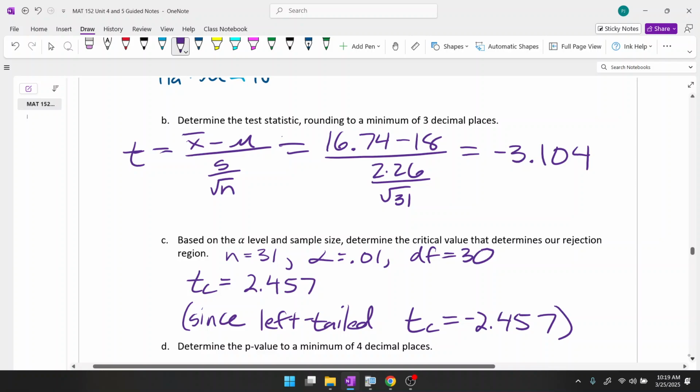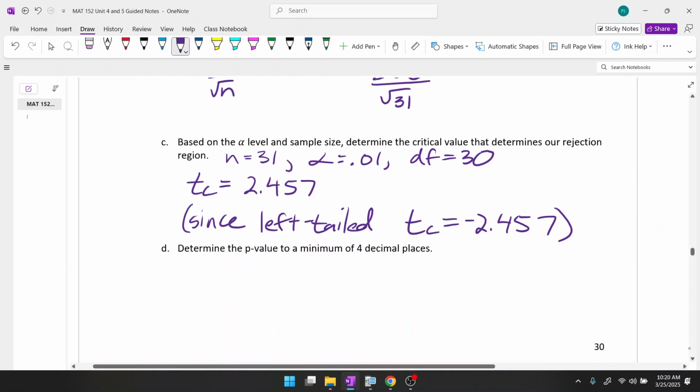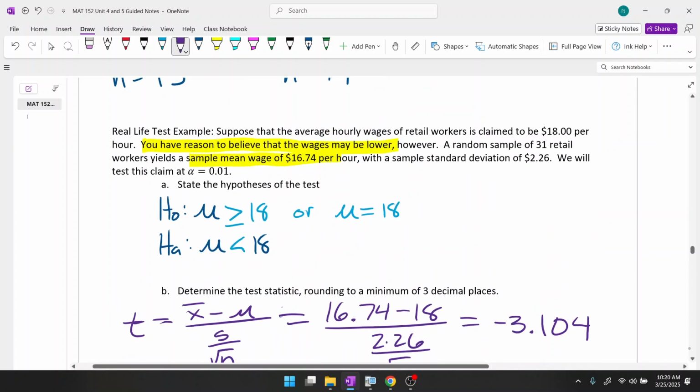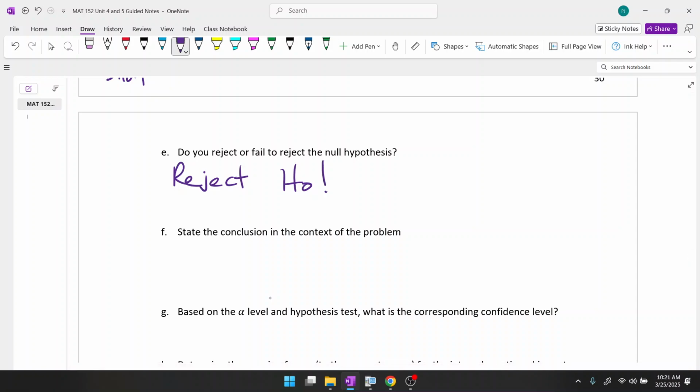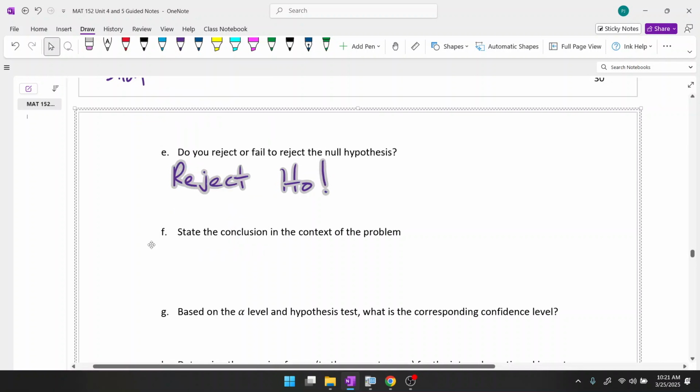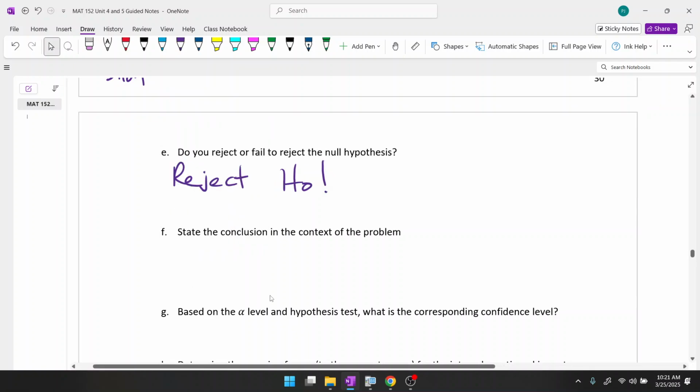So here's the thing. We determine the p-value, and here's negative 3.104. You are going to reject the null. And by virtue of the fact that you rejected that null, the conclusion would be very simple.